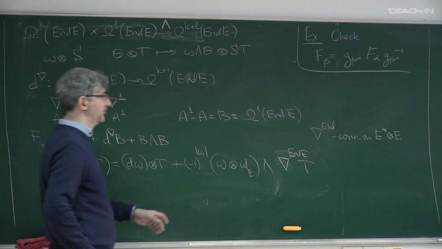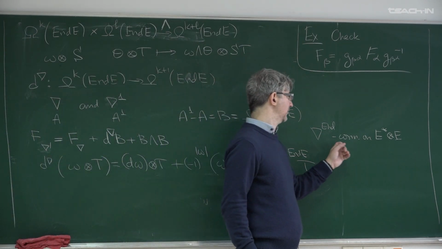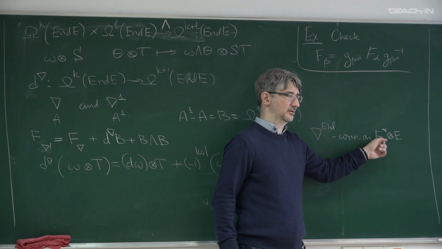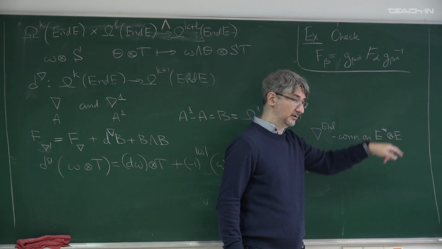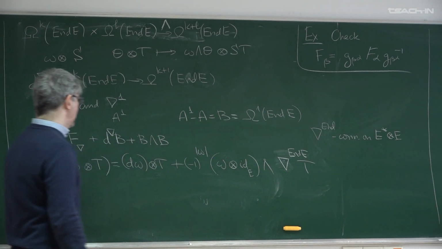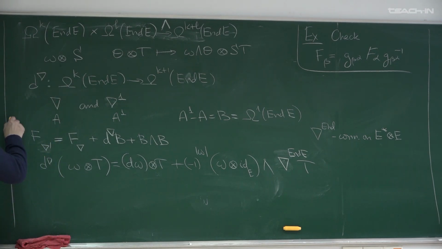So it's not nabla itself, it is the connection defined by nabla here, tensored with connection nabla tilde here. Well, this is an exercise. We start to check this formula. It's not an easy exercise. It needs many calculations. I don't want to do it by myself on the blackboard. It is sufficiently long. But you can try.